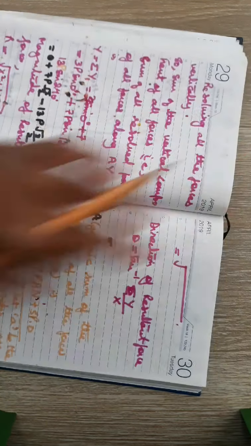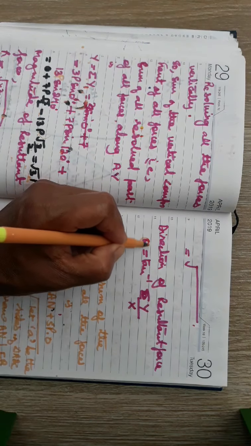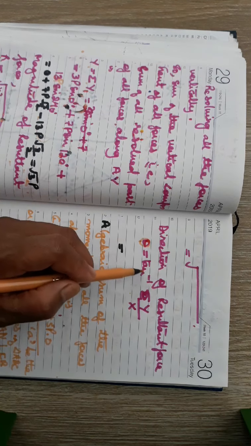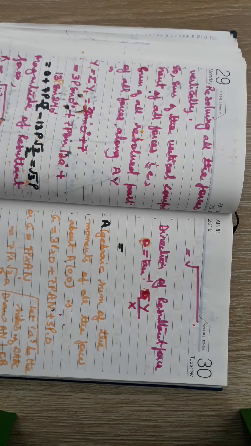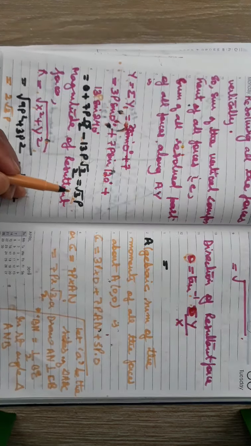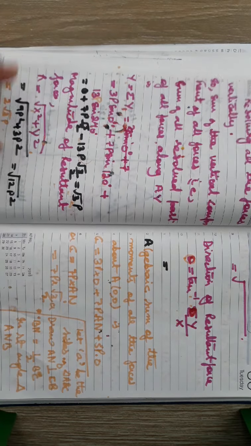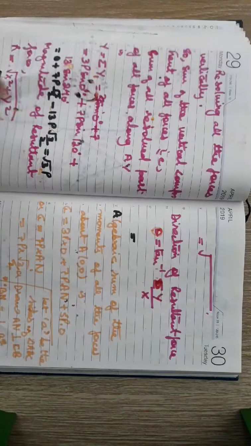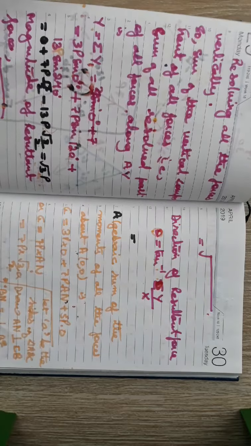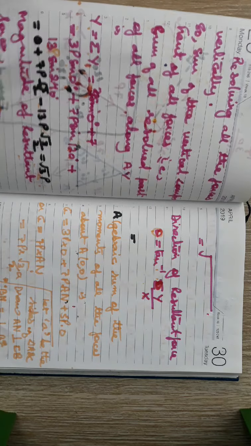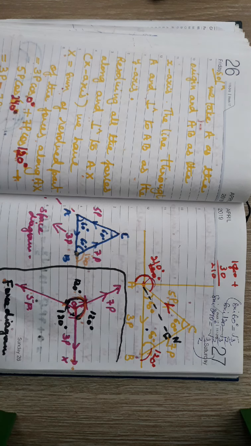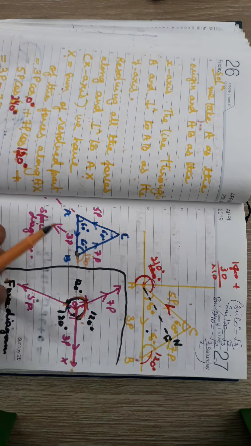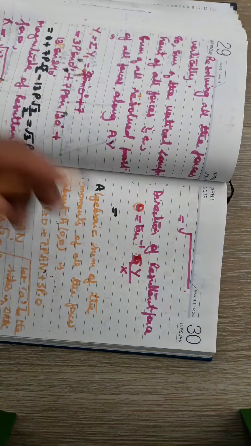And what is the direction of the resultant force? The direction of the resultant force is given by theta, which is equal to tan inverse of y by x. You know what is the value of y? Y is root 3p. And what is the value of x? It is minus 3p. Okay, sorry, I didn't solve it here.